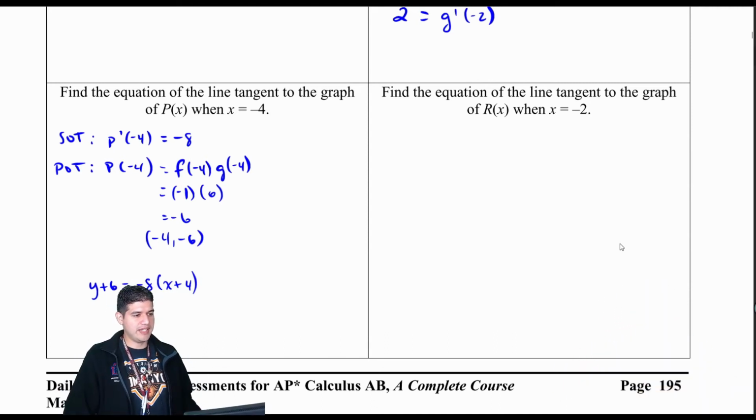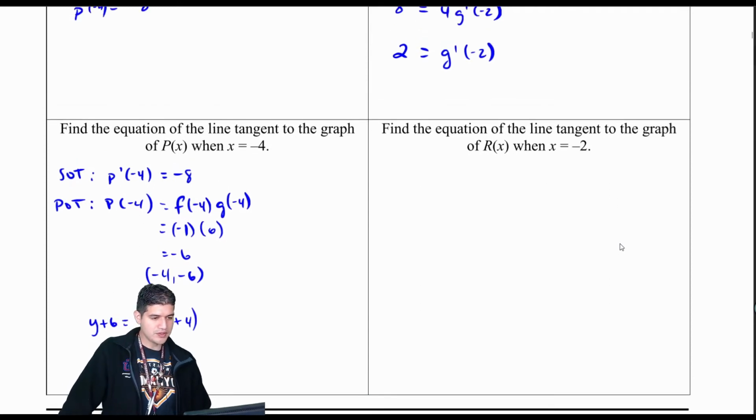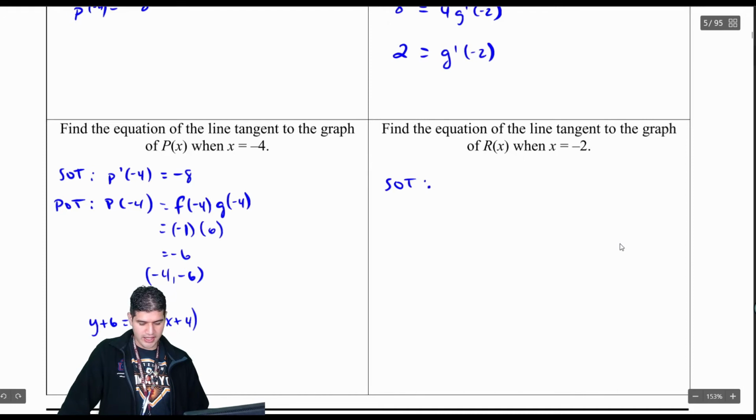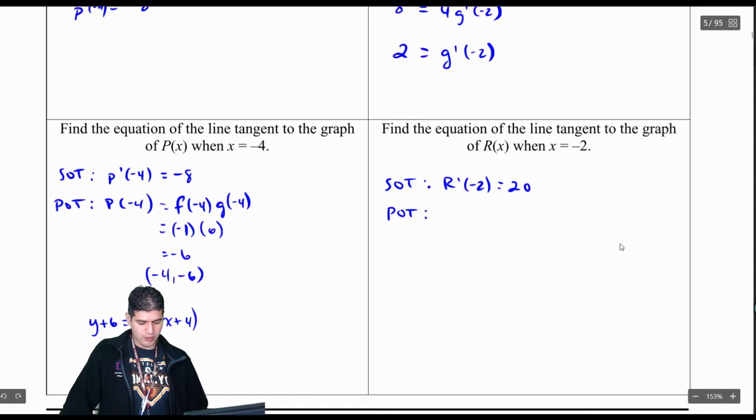Find the equation of the tangent line to the graph when x equals negative 2. For our slope of the tangent line, we want r prime of negative 2, which we were given before. r prime of negative 2 comes out to be 20. For our point of tangency, I want to find r of negative 2.